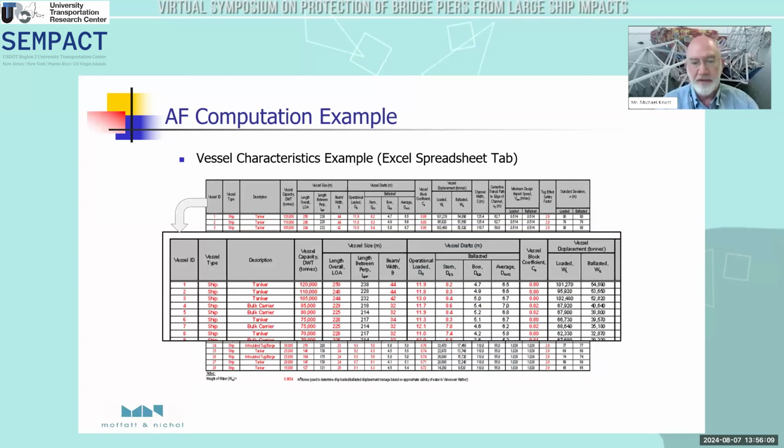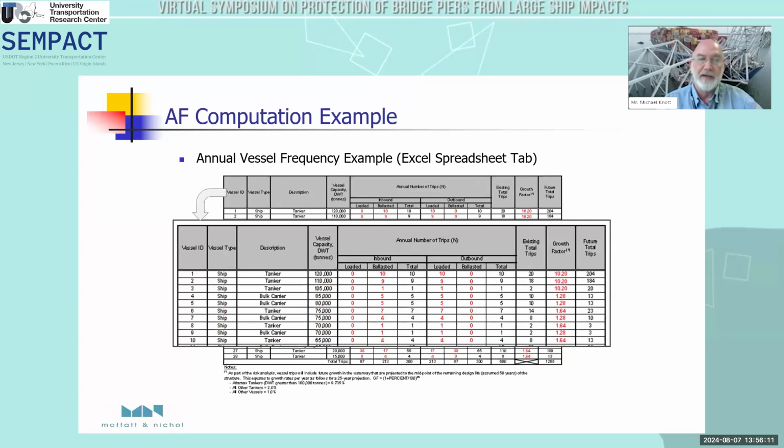So this all comes out of, for us, the AIS information. The number of transit paths is also important. So for each of these vessels, we then look at inbound and outbound. Are they inbound loaded or are they inbound ballasted? Are they outbound loaded or are they outbound ballasted? And we total them up. We apply a growth factor to project the number of trips to the midpoint of the remaining life of the bridge.